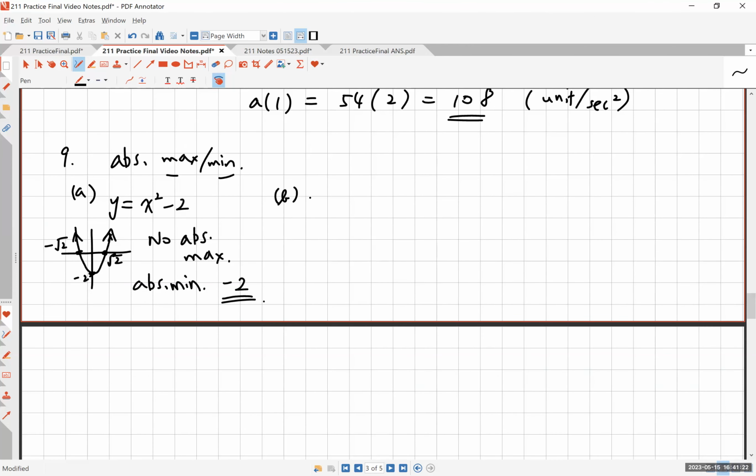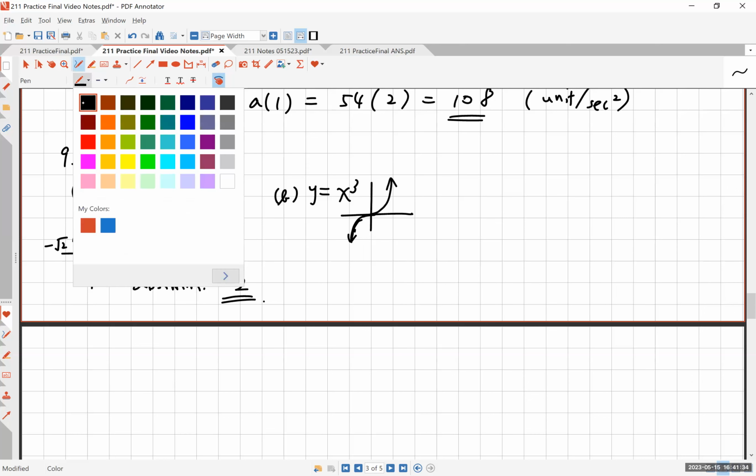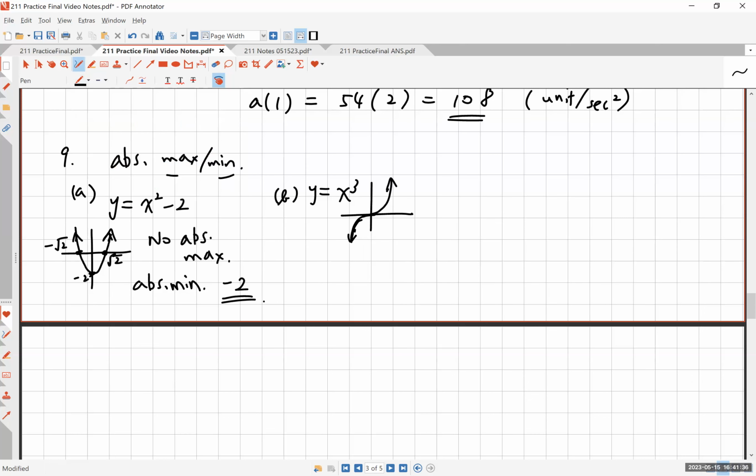Okay, part B. y is x cubed. You should know what the graph of this looks like also. It's that nice looking curve, symmetric with respect to the origin and all that. Clearly, this goes up to infinity, down to negative infinity, no absolute maximum or minimum.